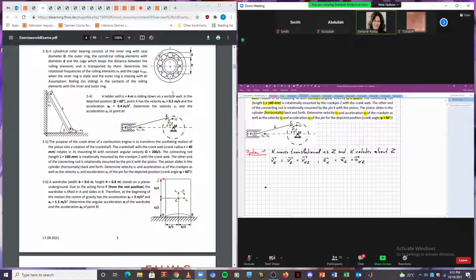The important thing is to draw these three points, K, Z, and M. That's R, that's L. And that again is some distance Q, for example, since we already used R.